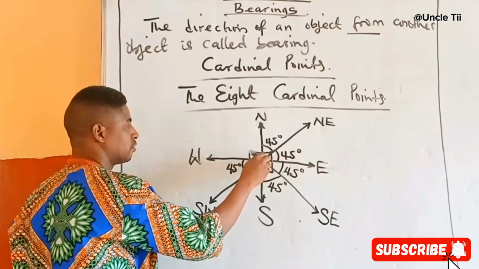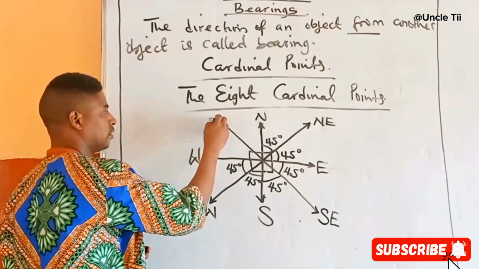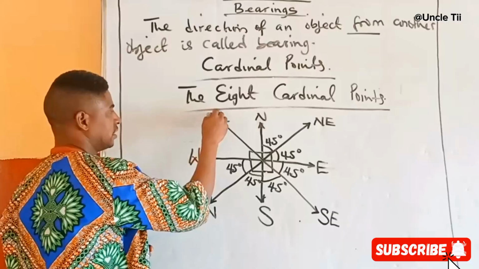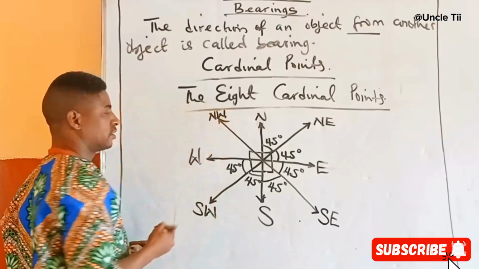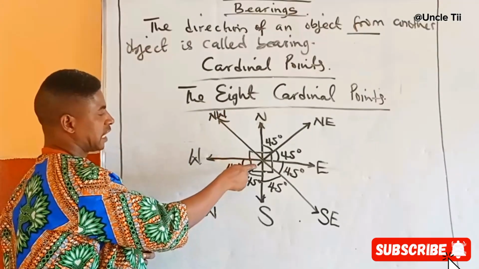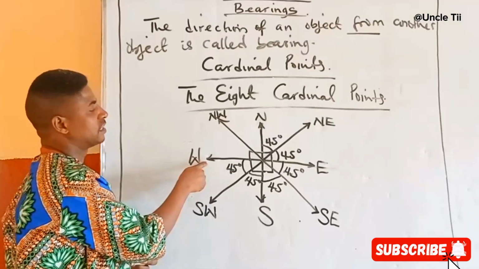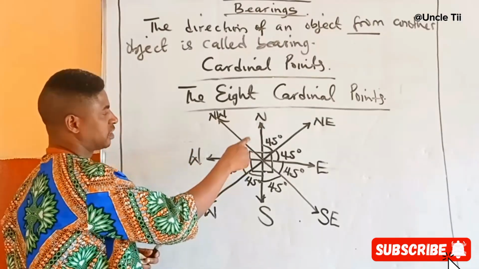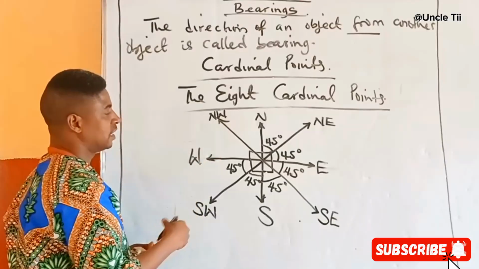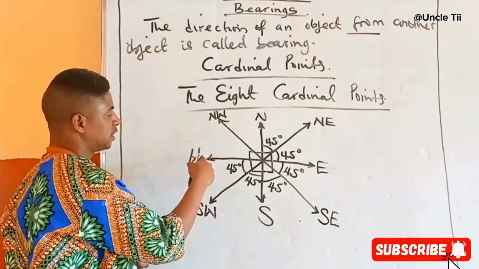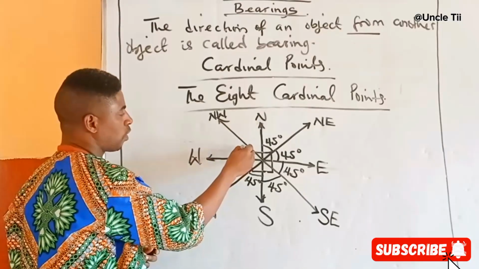And finally, we have the last one, although not the least, which is the northwest. Why is it northwest? It's the exact bisection of the space between the north and the west. It is the exact middle of the space between the north and the west. It cuts the space between the west and the north into 2 equal parts.